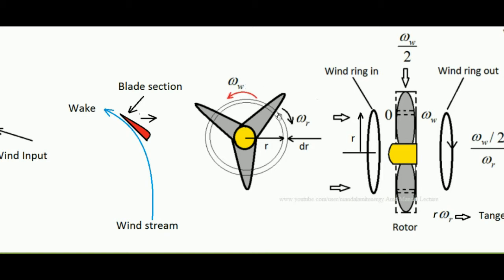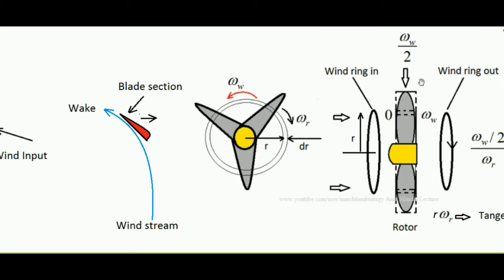Now suppose I am considering a very thin imaginary ring at a distance r, through which wind is passing and striking this blade system. This is the front view, and this is the side view. Imagine a wind ring moving in the axial direction, which ultimately strikes the blade and becomes wake.